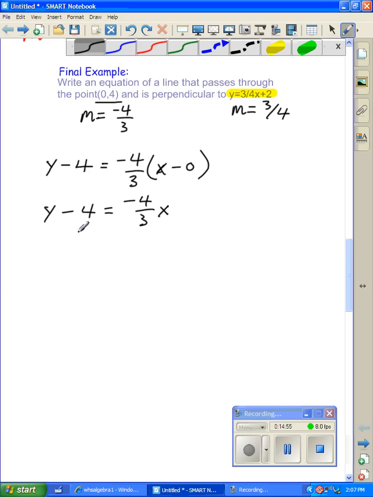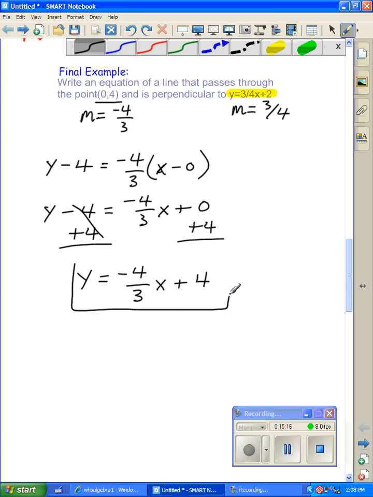You don't have to write plus 0 out here. But if you want to write plus 0, you can, because I'm just fixing to add 4 to it. And we've all of a sudden got this thing solved for y equals mx plus b form. And I'll go over all the details tomorrow, but basically if I was going to graph this line, we would have a y-intercept of 4, a slope of negative 4/3, and we're done.